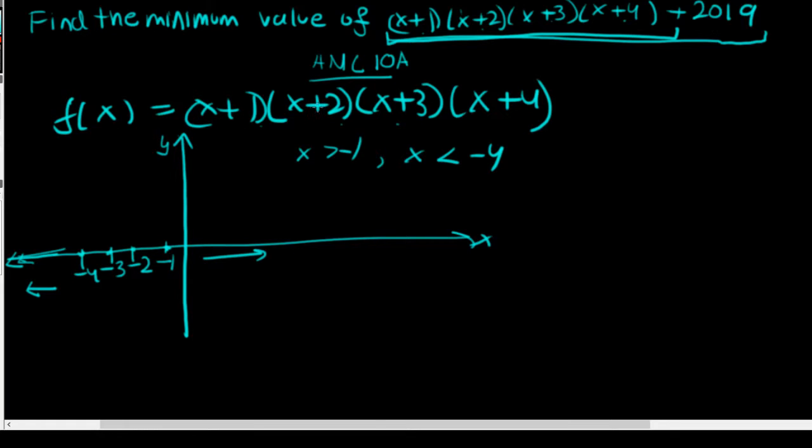This is because all of these values, x plus 1, x plus 2, x plus 3, x plus 4, will all be positive. Therefore, the value of f of x will always be positive after -1. So, the value of the function will always be above the x-axis and it will continuously be increasing. It will be increasing because it is a degree 4 polynomial.